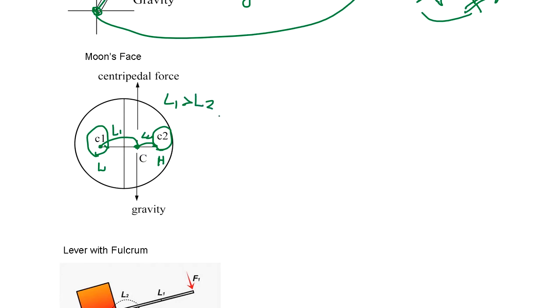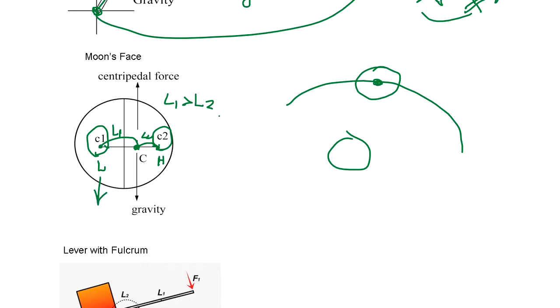The center of gravity defines the moon's orbit around the Earth, right? But this uneven density is going to cause different torque. Of course, this torque T1 is larger than T2. So the lighter material comes to this side, and the heavier material goes behind.